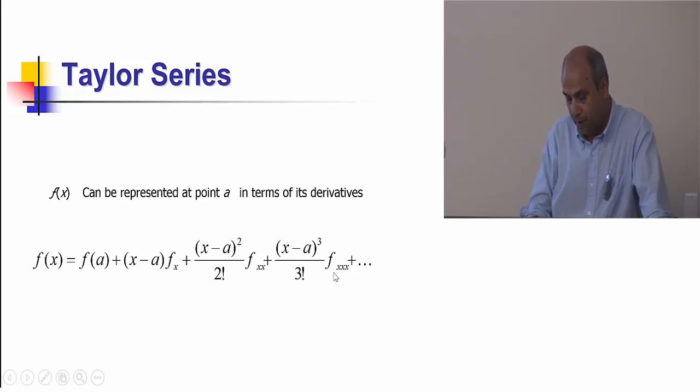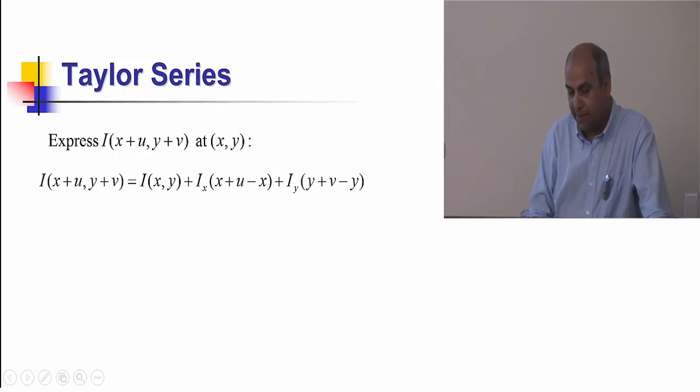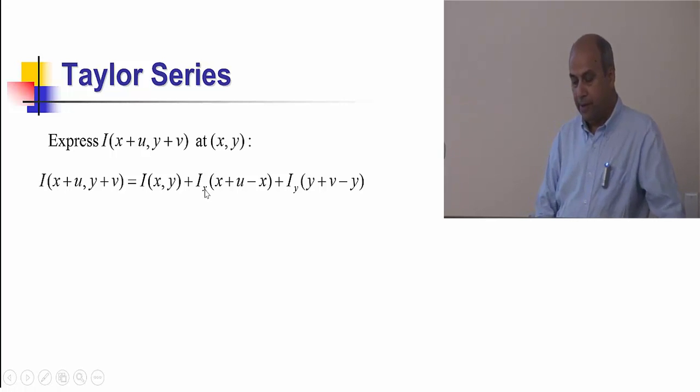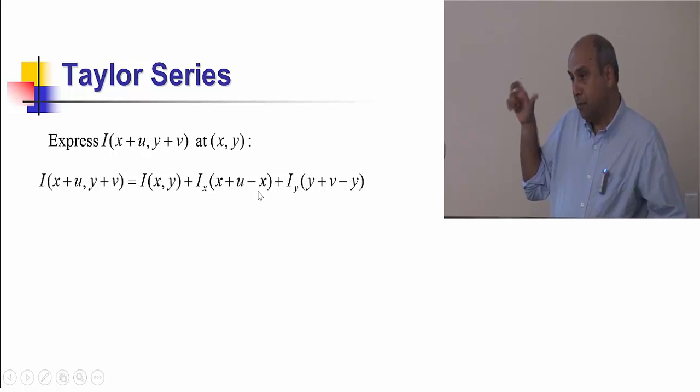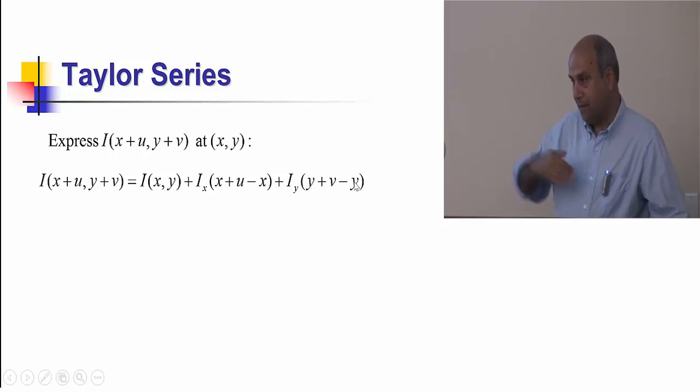You keep going. Okay? The same thing we can do for 2 dimensions. The value of the function at the point where we want to express it, which is x, y, then the first derivative of I with respect to x, times x plus u minus x. And since it's a function of 2 dimensions, we have to differentiate with respect to x and then y, and you just keep going.